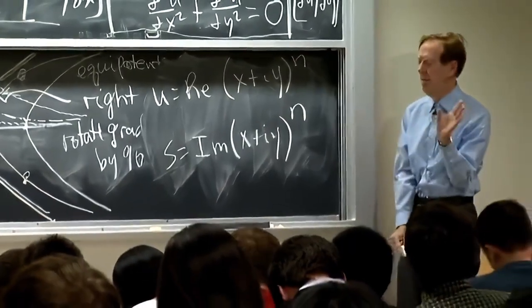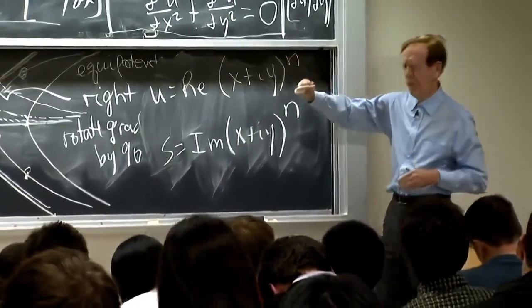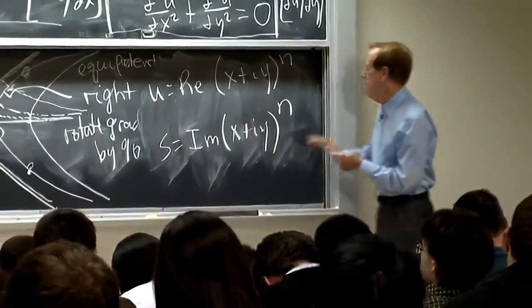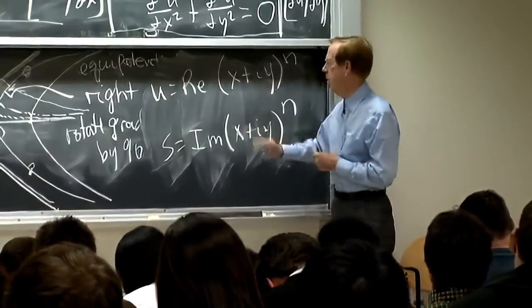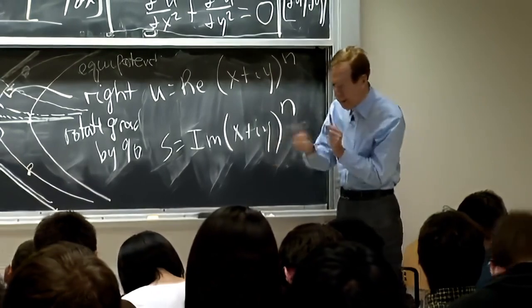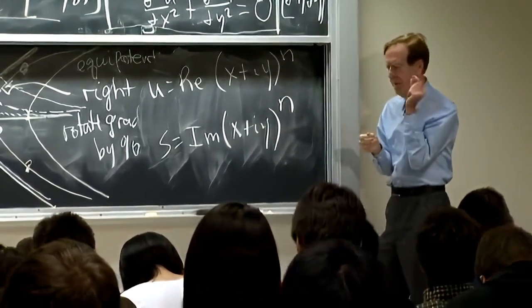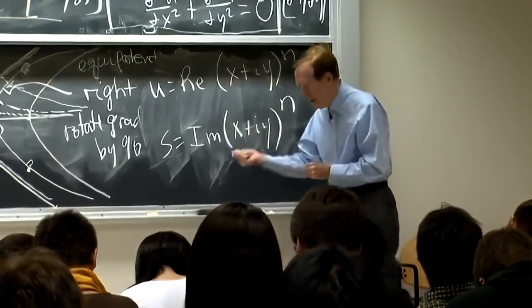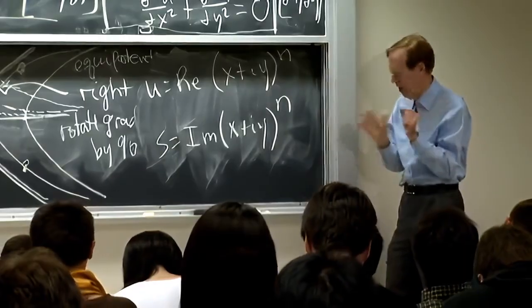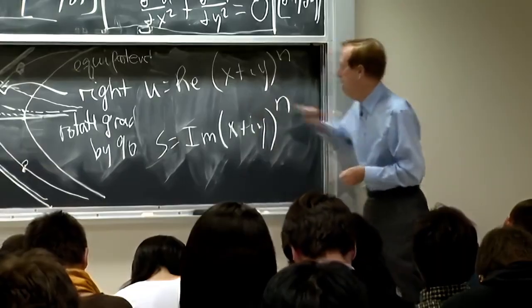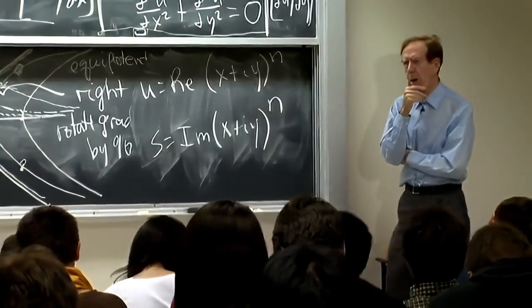And I claim that just as we saw for n equal 1, 2, 3, for every n, these will be solutions to Laplace's equation. Not only that, they'll be connected by Cauchy-Riemann, so they'll be the potential and the stream function for a flow, and we've got lots of them.